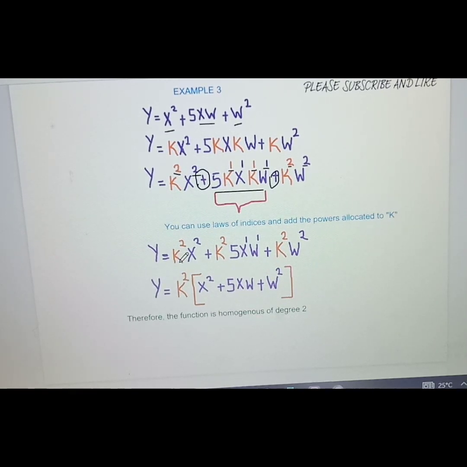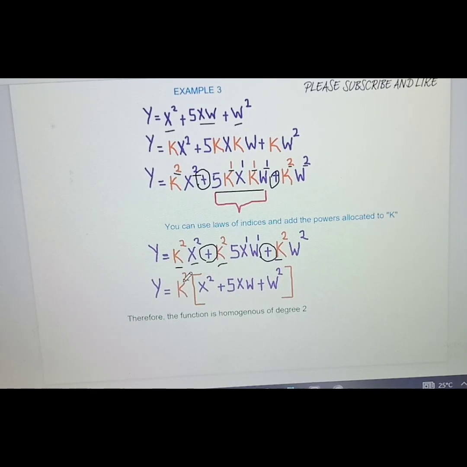Remember that you can't use the laws of indices here because we are not multiplying the constants; there is an addition sign. So when you factor out, you write the k raised to power 2, and then you open the bracket and write the other independent variables.